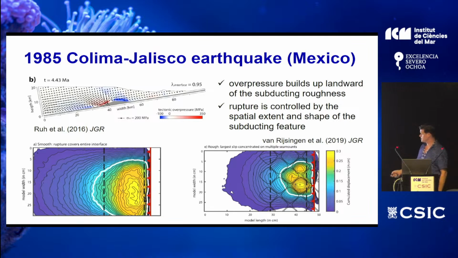What you see over here is a slip distribution of an earthquake that occurs along a flat interface with no topographic anomaly, and you can see that it is evenly distributed. Whereas when we have topographic anomalies, this distribution is focalized on this topographic roughness.